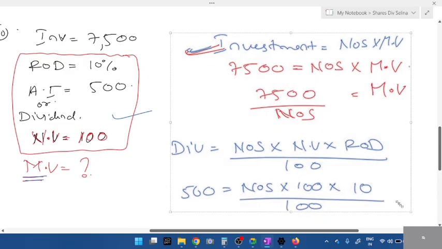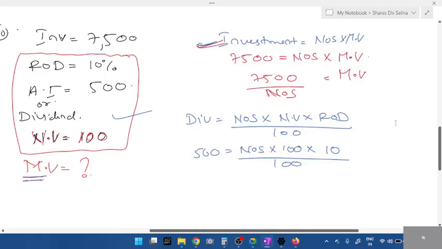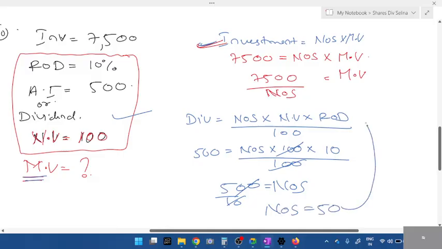Yes. Is this clear? All of you understood? So what is number of share, students? Substitute this 50 here, we'll get market value. Yes. The answer is 150.